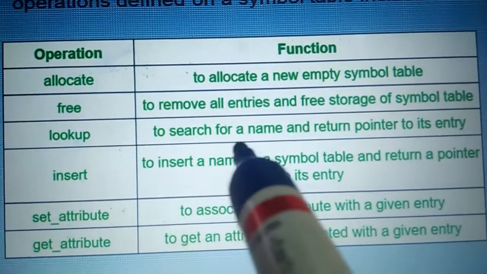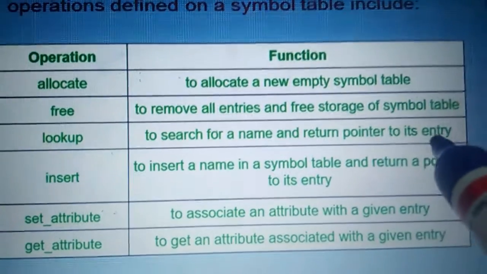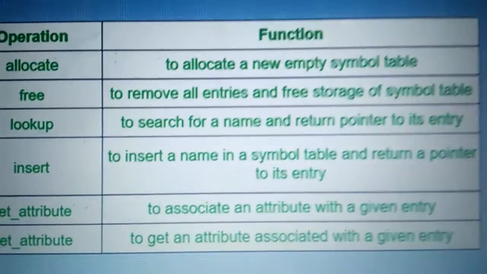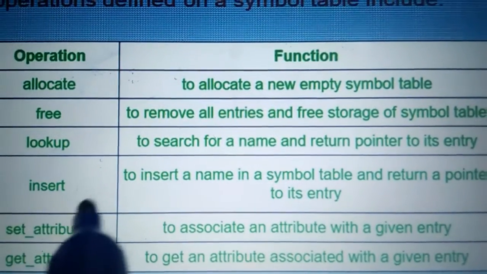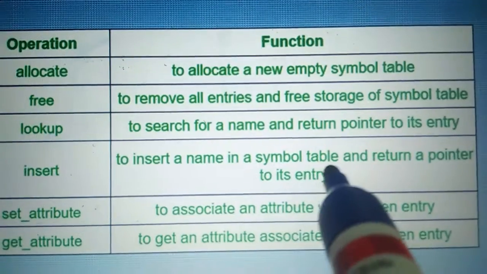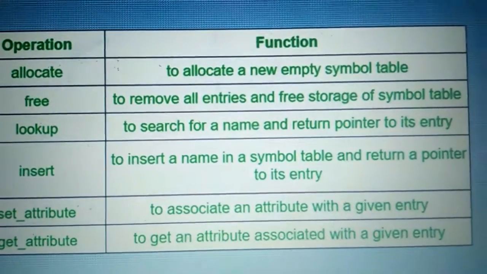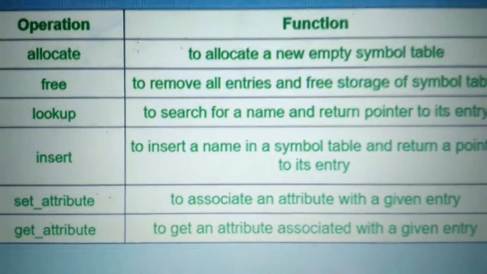Lookup searches for a particular name and returns the pointer to its entry. Insert adds a name in the symbol table and returns a pointer to its entry into the program.